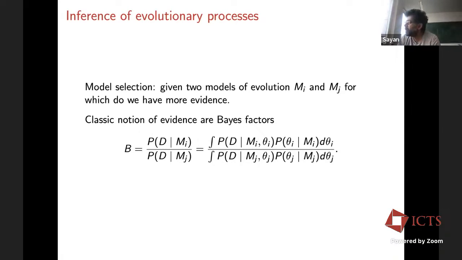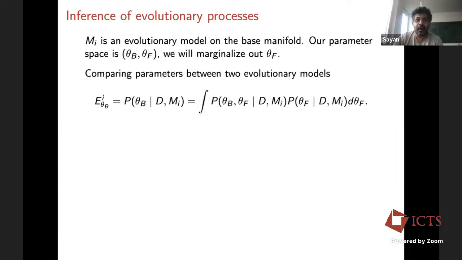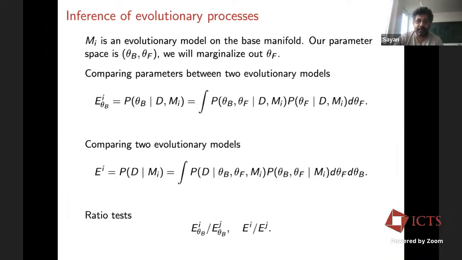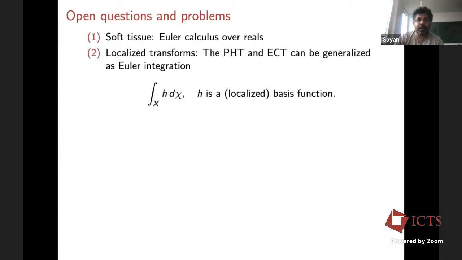We can marginalize out the fiber, basically marginalizing out the shape, and then write down a Bayes factor to say which of these models has more evidence. The reason we're doing this is to get a formal model for selection on shapes. I'm not showing you our results because we're still trying to finish this up and work it out. But yeah, I will skip this.